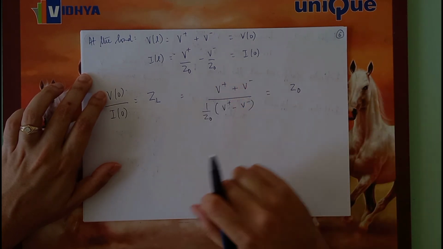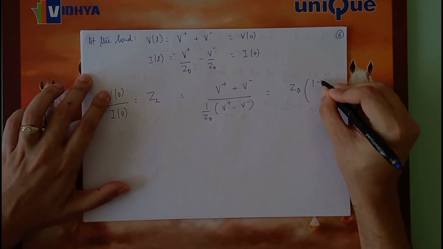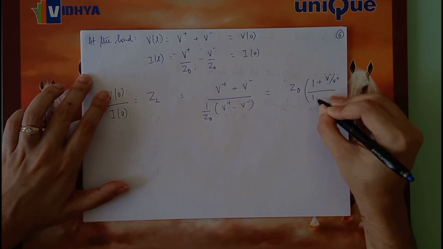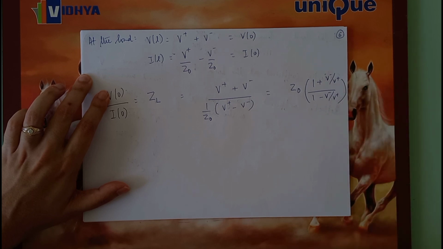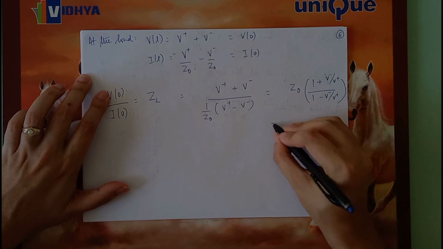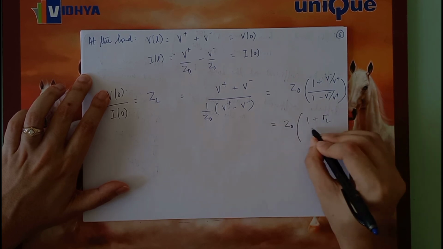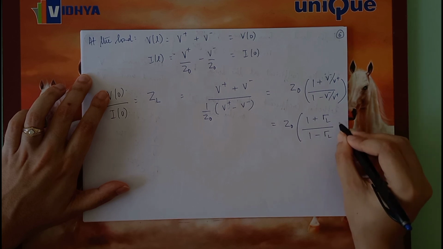Now if I divide both numerator and denominator by V plus, I will see that this is 1 plus V minus by V plus divided by 1 minus V minus by V plus. As we have already defined, this quantity is nothing but the load reflection coefficient gamma L. This is 1 plus gamma L divided by 1 minus gamma L.